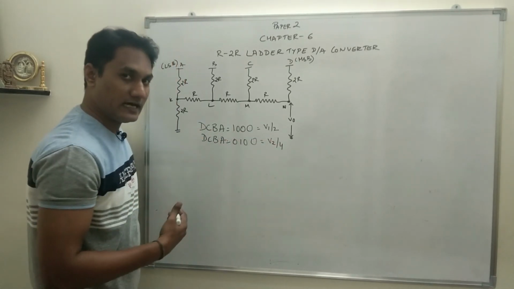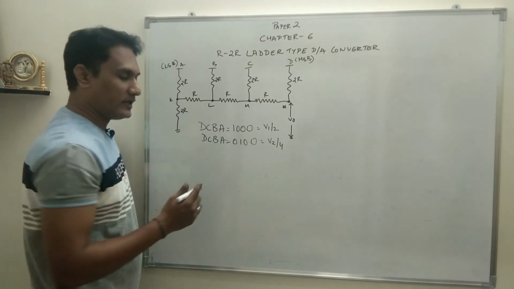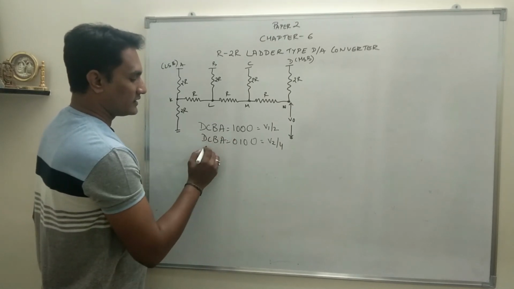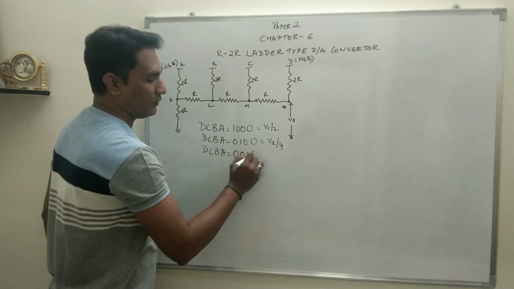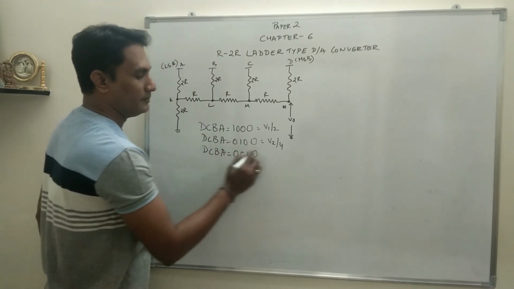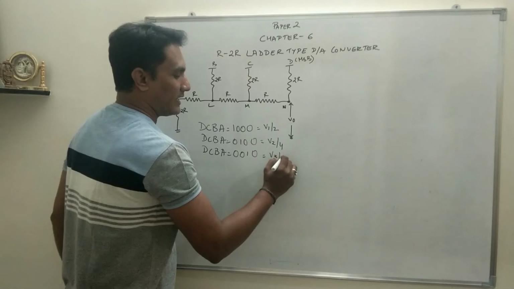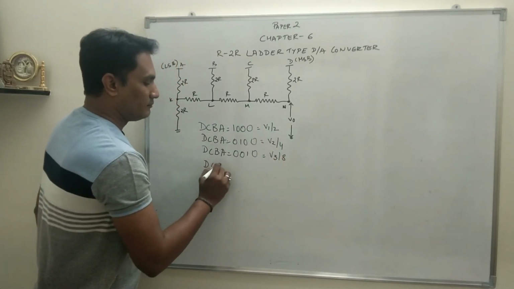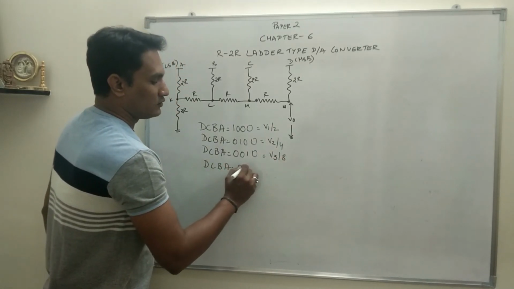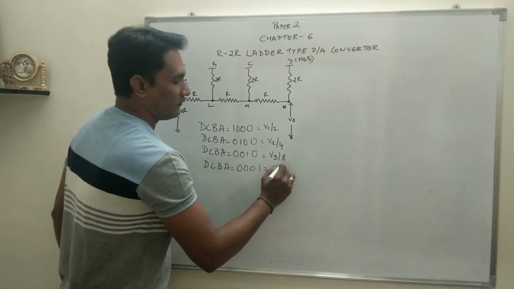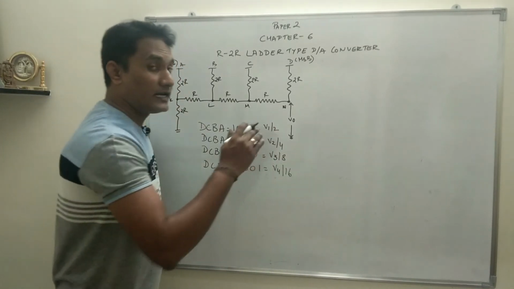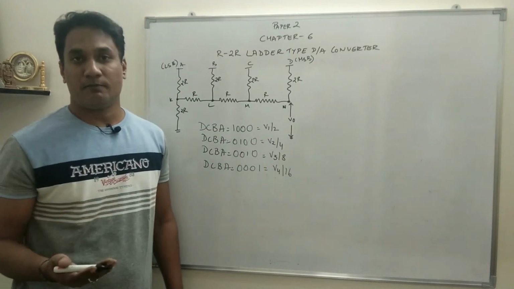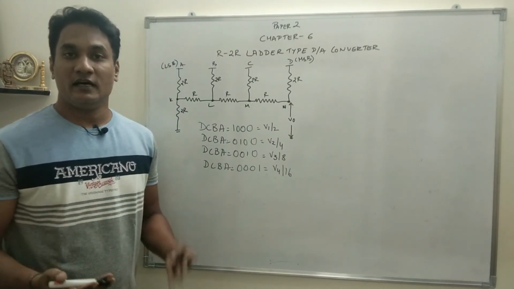We don't have to calculate the output voltage for all of these, we just take the assumption that DCBA 0 0 1 0, when 1 appears at B, will be V3 by 8, and DCBA equal to 0 0 0 1 will be V4 by 16. If 1 appears in more than one place, you need to get the combined output voltage.